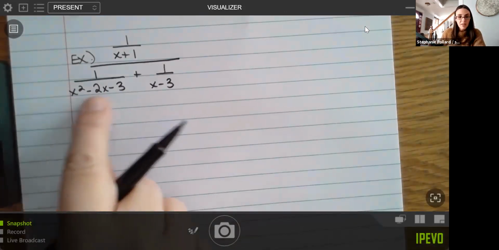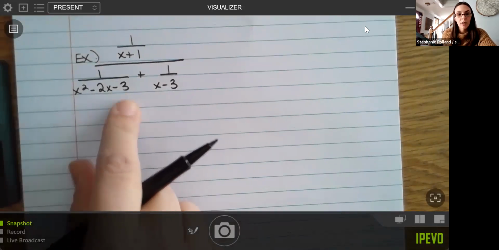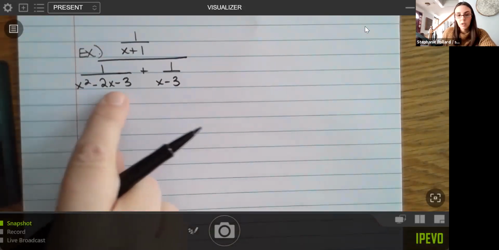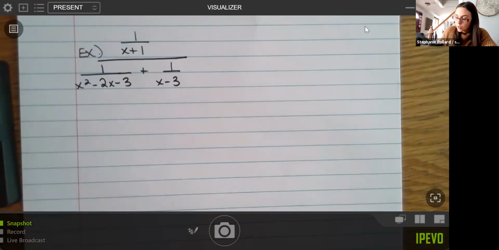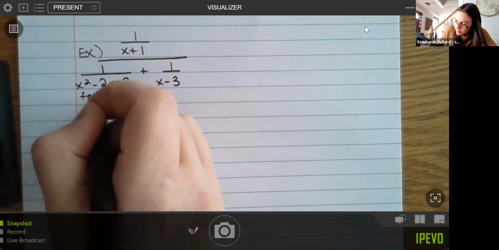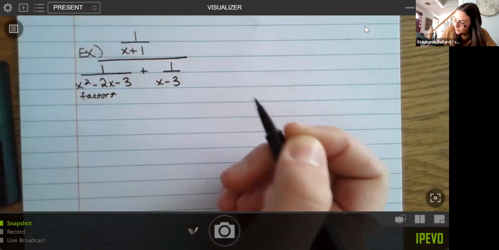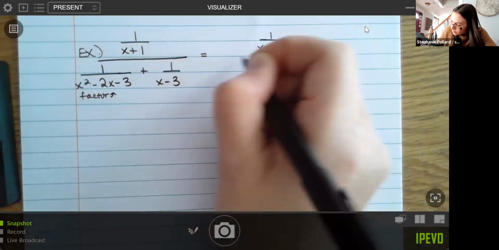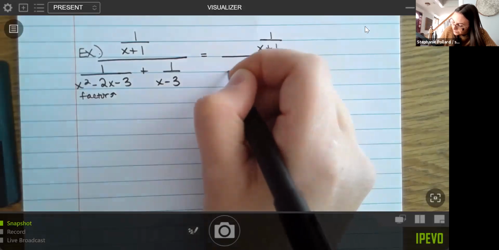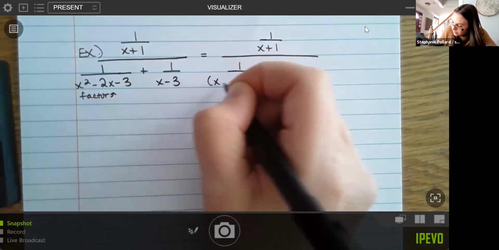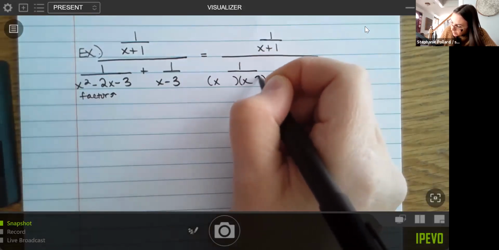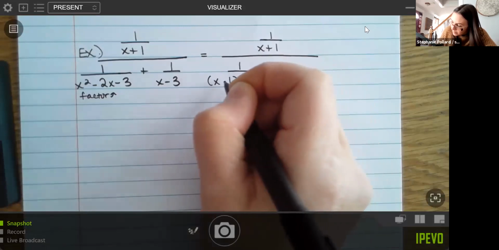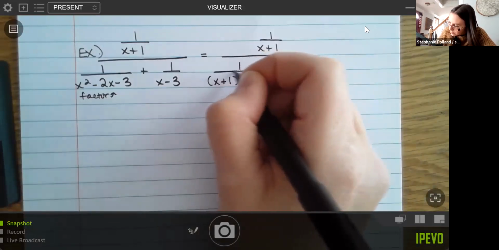We also have squares and things here. So if you're dealing with rationals, I would get rid of that square first by factoring. So before I even start thinking about anything else, I'm going to factor this here. So my other terms I can't do anything with, but I can factor that one. So it's going to be x, and then 3 and 1. And let's see, we're going to make the 3 a minus and the 1 a plus.